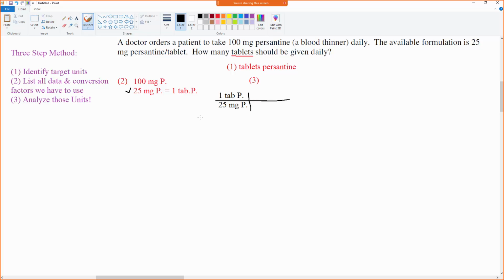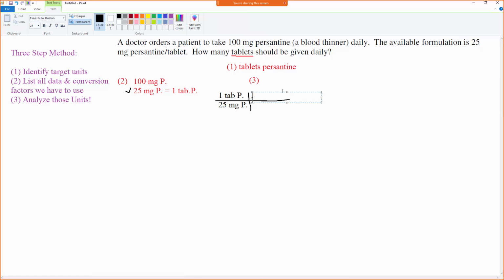I can help narrow it down. What shall we use next? Yeah, there's only one more thing to use. Should I put that on the top or should I put that on the bottom? Put that on the top. Why should I put that on the top? Because we want to cancel the milligrams.